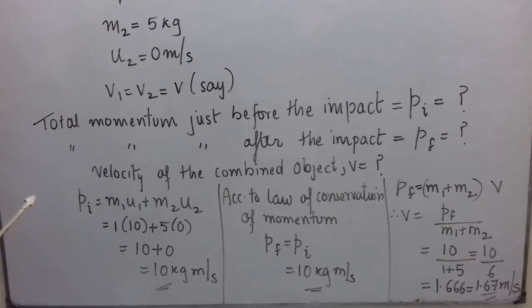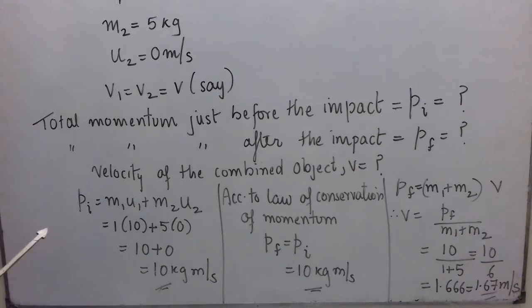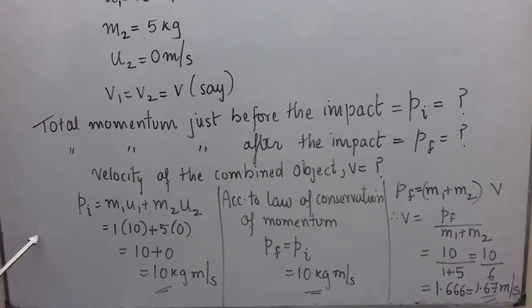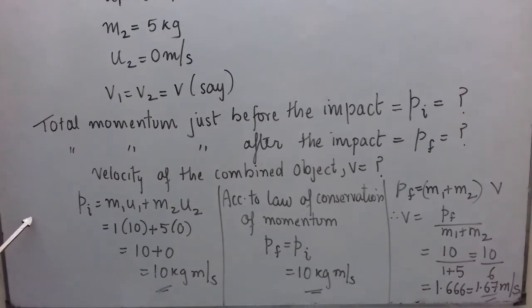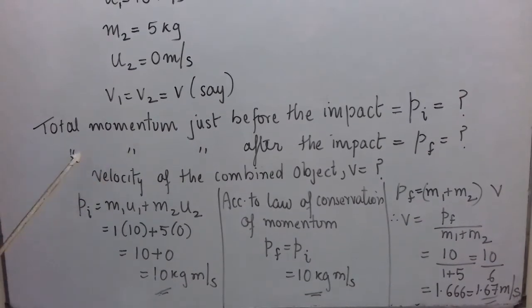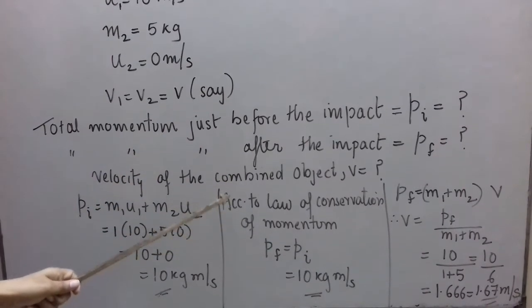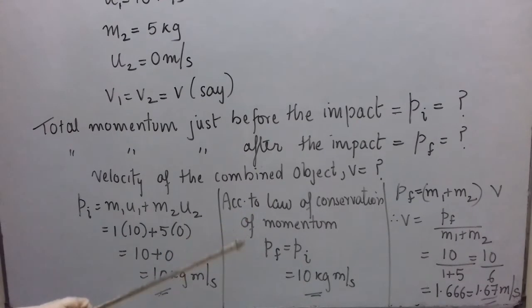See, in any question, unless they mention, we will always assume that there is no external unbalanced force acting, like frictional force or air resistance is zero. Only if they mention, we are going to consider. So in this case also we'll assume there is no external unbalanced force acting. So to find the total momentum just after the impact, according to the law of conservation of momentum, Pf, total final momentum, is equal to total initial momentum.